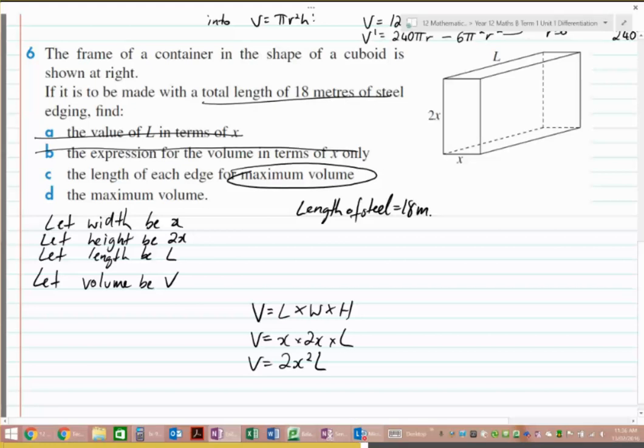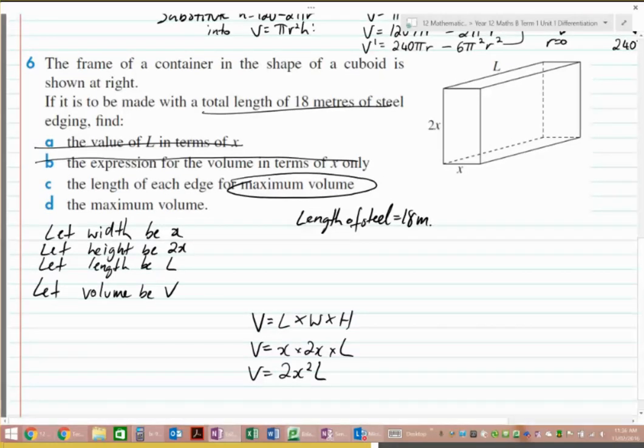So let's have a look at how much steel we actually need for this box in terms of x's and 2x's and L's. I'm just going to look at how many have the length x. So I've got 1, 2, 3, 4 of these. So that 18 meters is going to be made up of 4x.